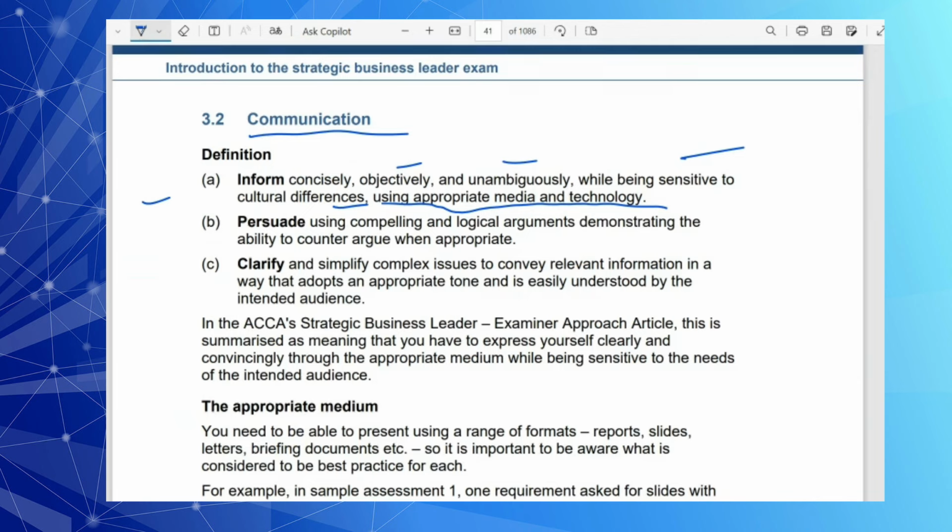Use compelling and logical argument, demonstrating the ability to counter-argue when appropriate. So you have to be persuasive, and make a presentation with a concrete solution and concrete advice. Clarify and simplify complex issues to convey relevant information, adopting the appropriate tone so it is easily understood by the intended audience.